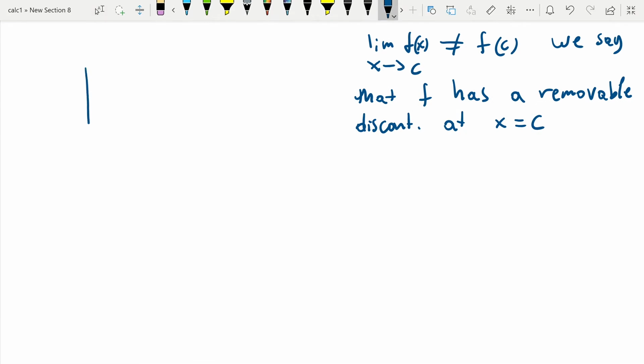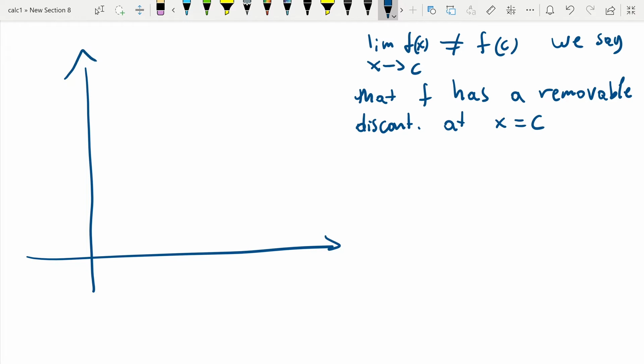Why do we call it removable discontinuity? Because in order to have a limit when we approach a number c, from the left and from the right, the function must be approaching the same value, so some value over here. So this has to be the limit L. So this is f of x.